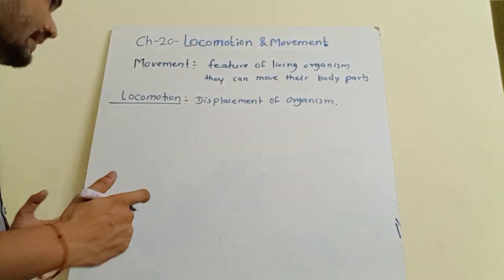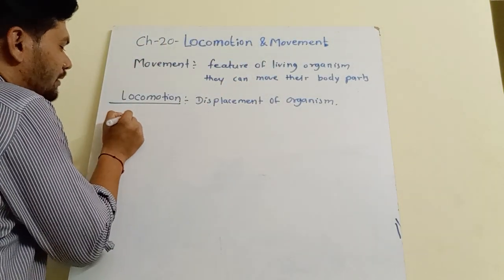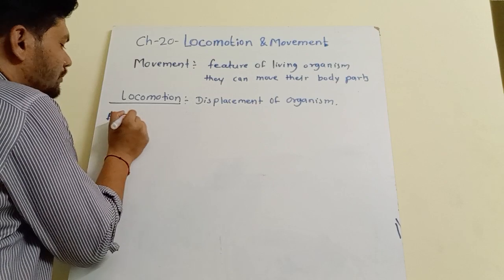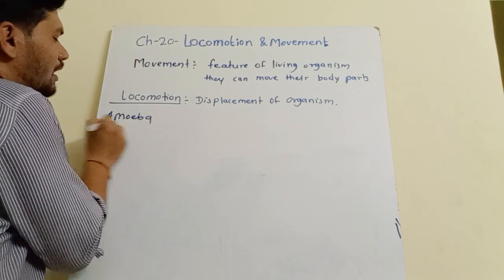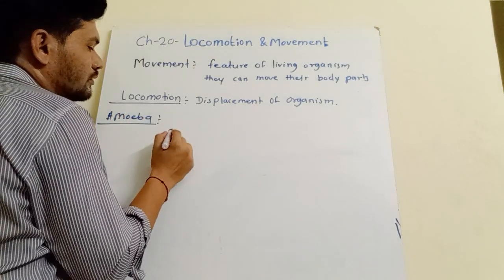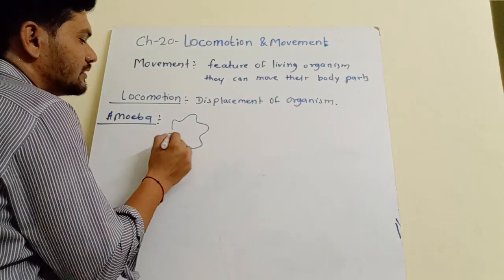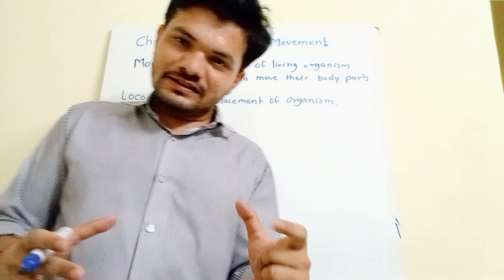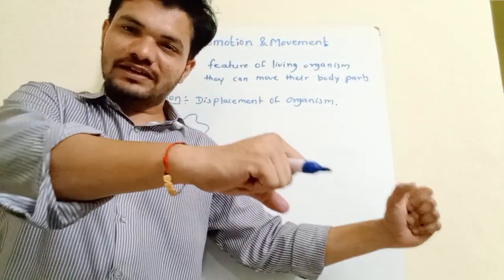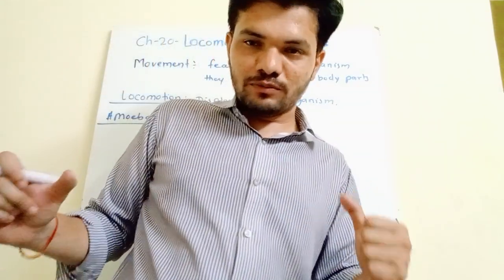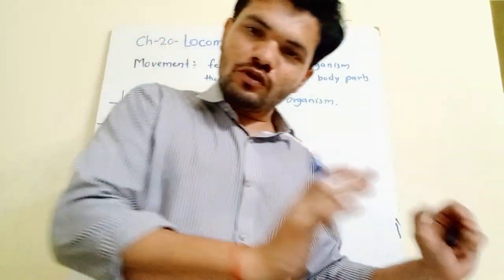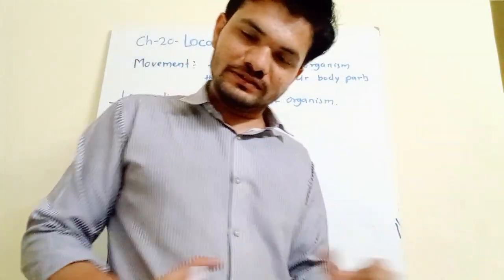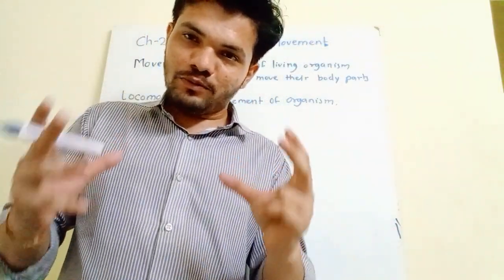Unicellular organisms like amoeba do amoeboid movement. They have pseudopodia, which means false legs. They will extend their cytoplasm like this and squeeze the cytoplasm from behind, so as to go forward. So this is the amoeboid movement.